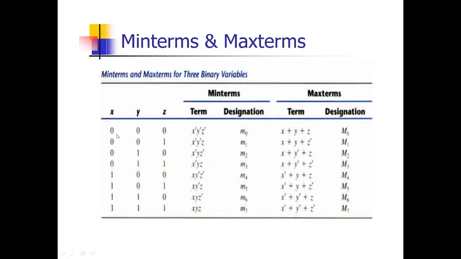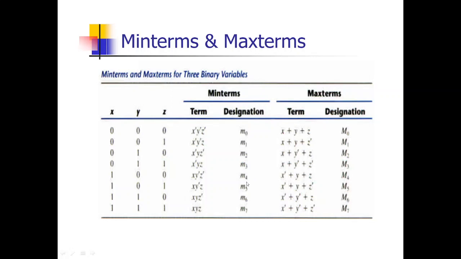So for 0, 0, 0, it is represented as x plus y plus z, and it is simply represented as capital M naught. See the difference: max term is capital M naught, min term is small m naught.